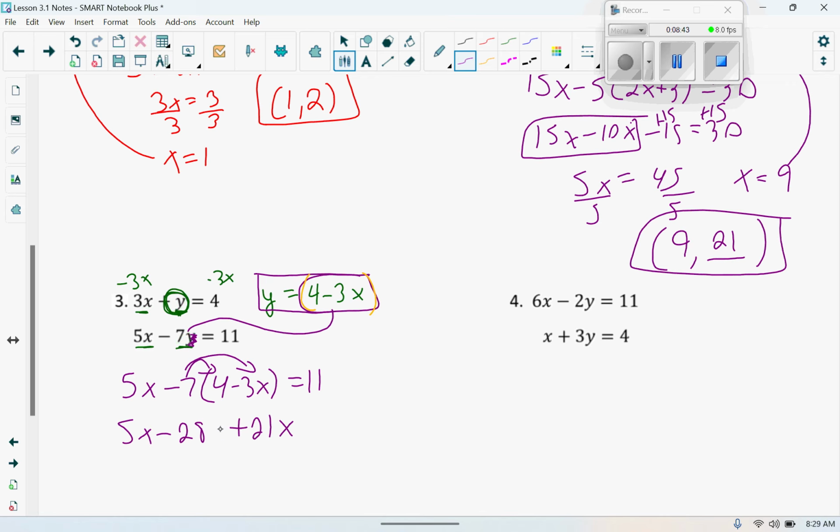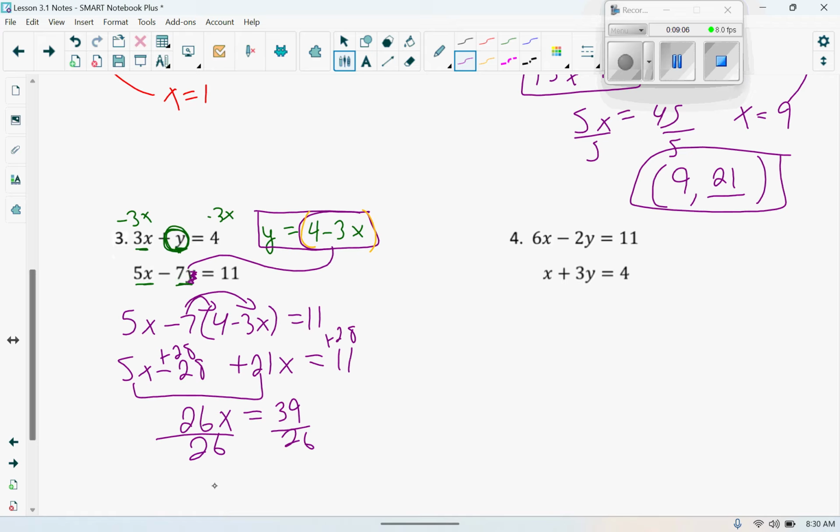That is not an x-er. And then combine like terms. And I am going to add 28. And so I get 39. And I'm going to divide by 26.